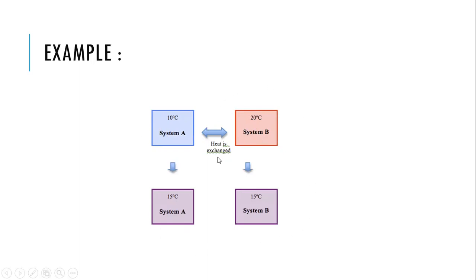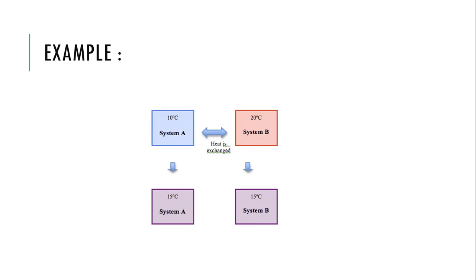So what will happen? Slowly the heat is transferred, exchanged from the higher temperature to the lower temperature. See the changes that happen in the later part. Now system A and system B, two thermal bodies, maintain the same level of temperature, each showing 15 degrees Celsius.